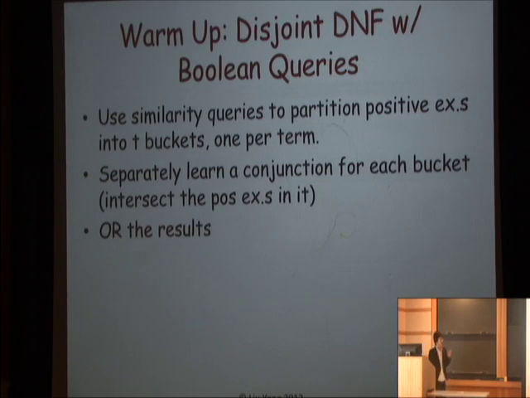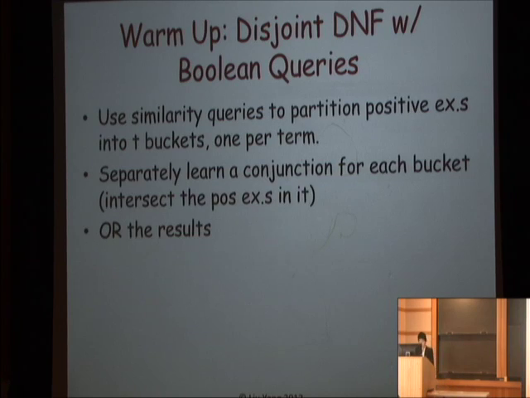So clearly, this is new. This is extra information, and as a warm-up, it is immediate to see how you would use this extra information if the target is a disjoint DNF. Disjoint DNF means the terms are disjoint. That means any example satisfies only one term and no other term.